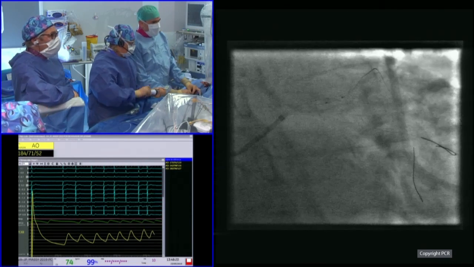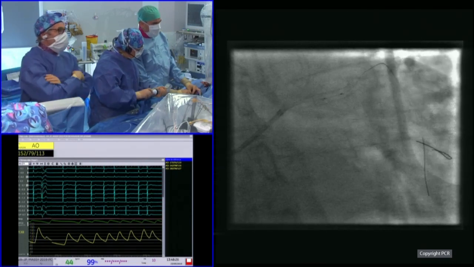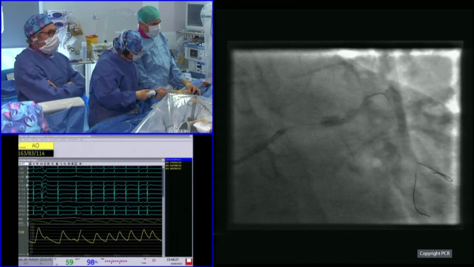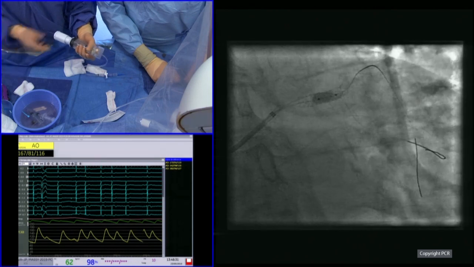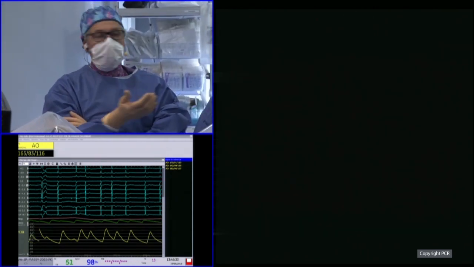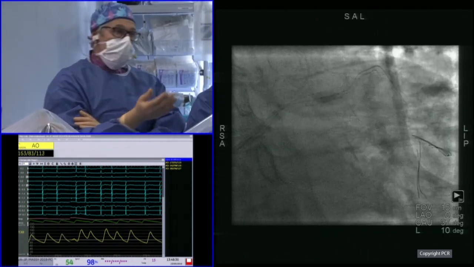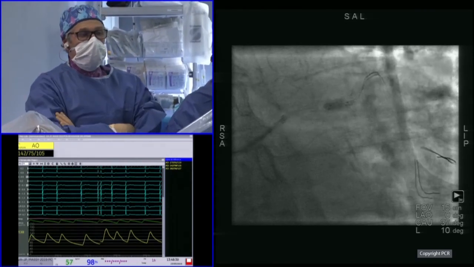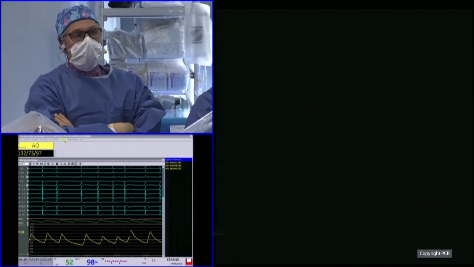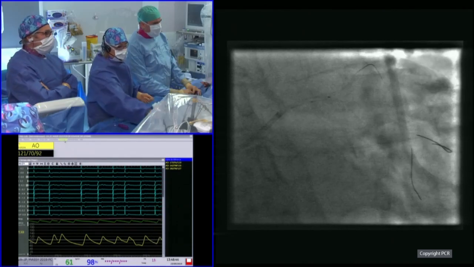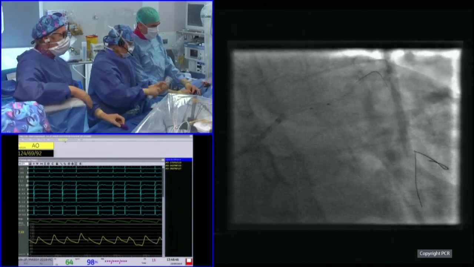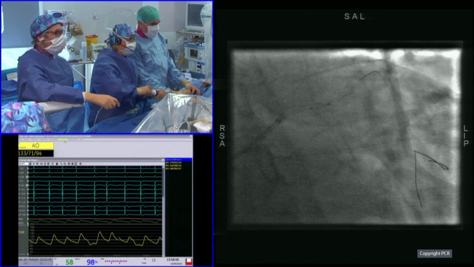We know that on the bench, if you do sequential inflation, especially starting with the side branch, you have better position of the stent. In the patient, maybe it's a little bit different. So I prefer to do sequential inflation and simultaneous deflation. We discussed with the first case the difference between the bench and the patient, even for the side pod strategy or the kissing.